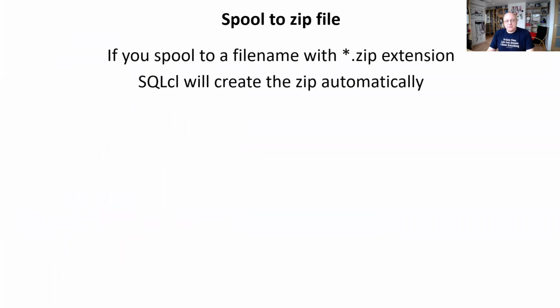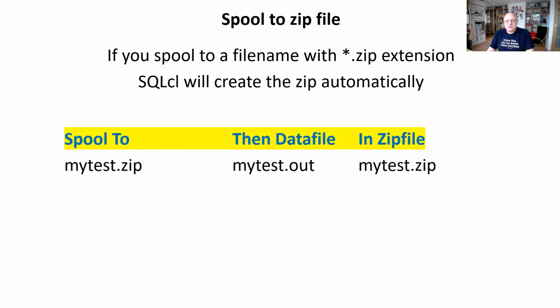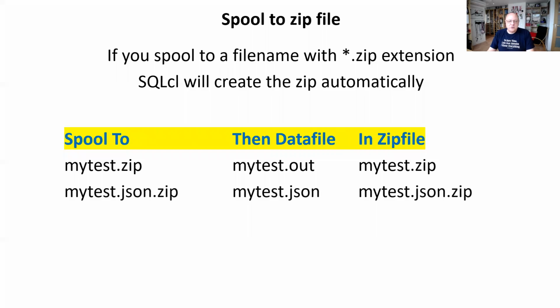You can spool to a zip file. If you spool to a file name and you use zip as extension, SQLcl will spool to a file and zip it automatically. If you spool to mytest.zip, then your data file will be called mytest.out, and it will be in the zip file mytest.zip. Now, if you want a different extension for your data file, then you can do it like this.